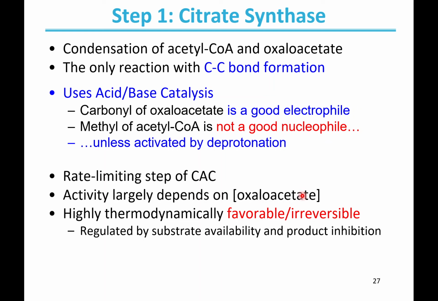In general, the concentration of oxaloacetate is fairly low in the cell, and whenever you have oxaloacetate, as long as the products of this reaction aren't inhibiting, this reaction goes forward.